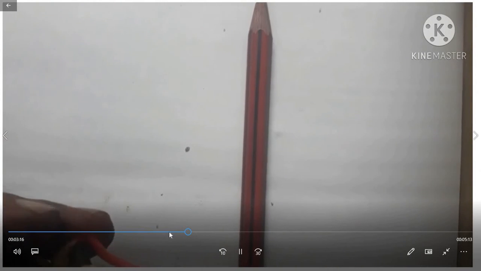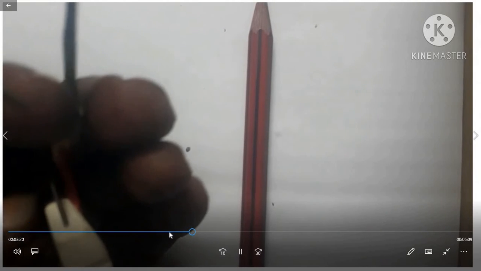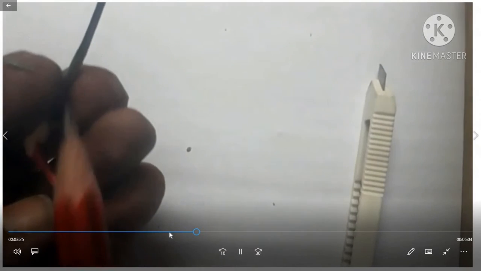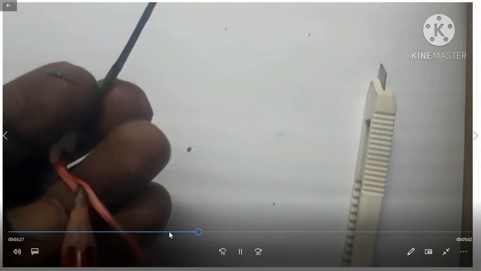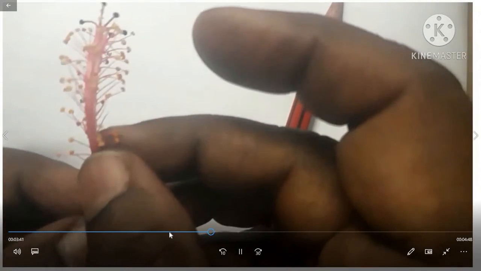We can cut the ovary. And then we need to slit through it, and just you have to pull it across. Can you see? And this is getting separated. So let me show you the style.